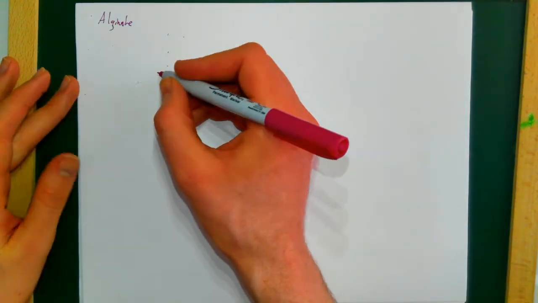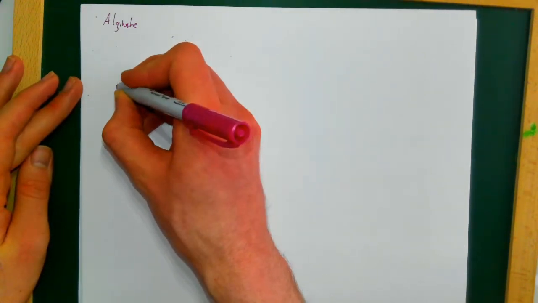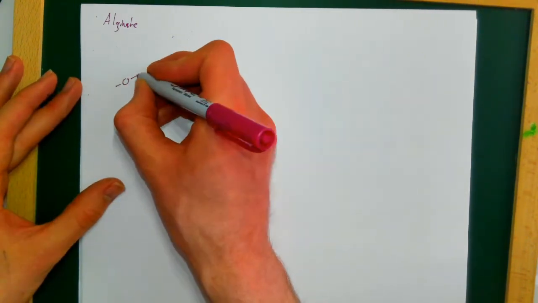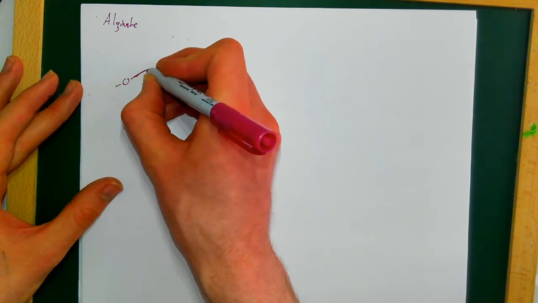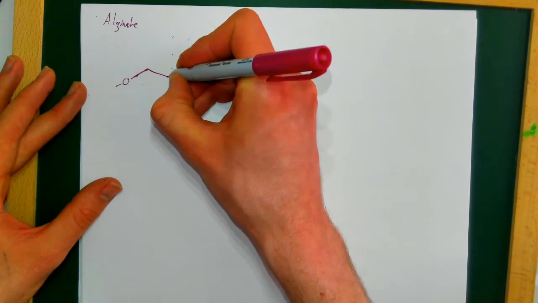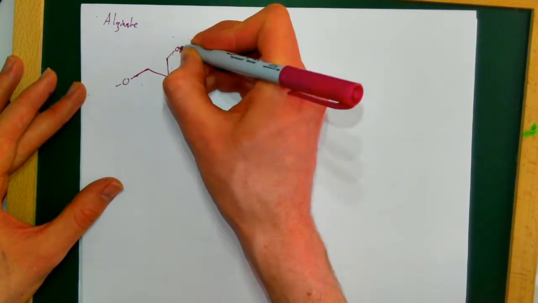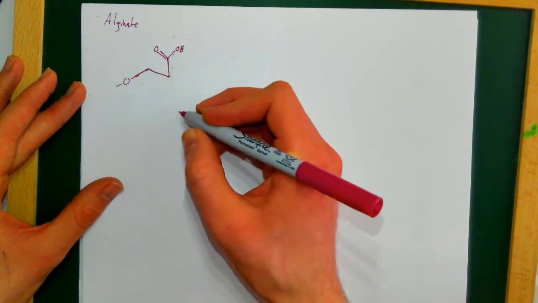So let's sketch out what alginate's repeat unit looks like. So we have an oxygen. This oxygen's connected to a carbon, another carbon. This carbon goes up here, and there's an OH and an O like this.